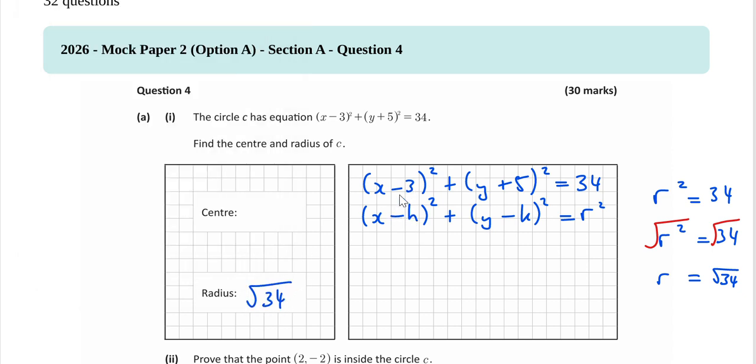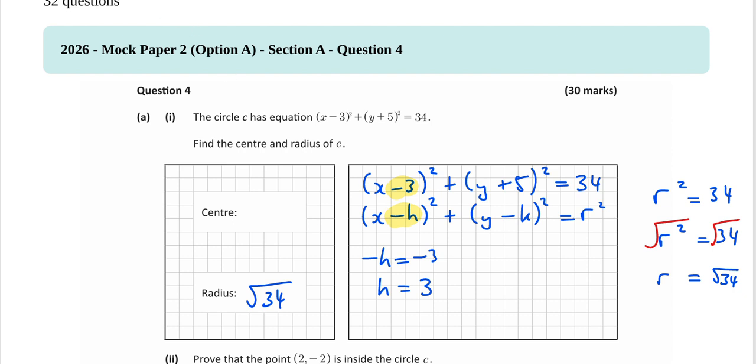For the second part, what we do is match up. I'm going to match up my −h with my −3, and this is the way I certainly recommend. −h is equal to −3, and multiplying by −1, h is equal to 3.